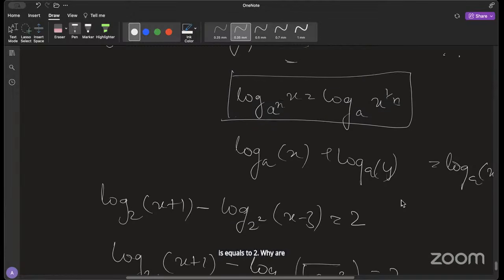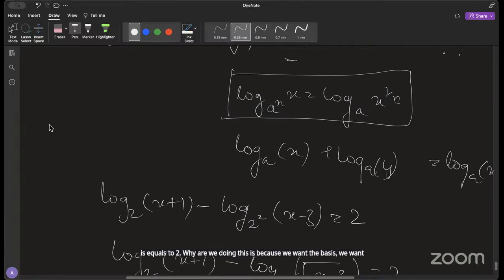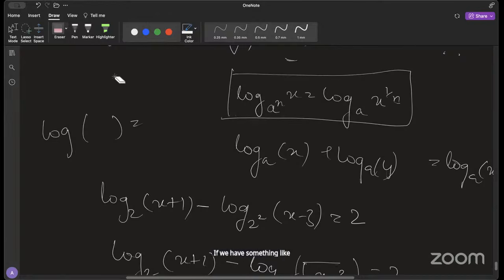Why we're doing this is because we want log of something equal to a constant. Instead of having log plus log again plus log again, we want one log so that we can take this log to the other side. We can have this thing equal to a to the power k, right? So that's why we're clubbing all of these together.